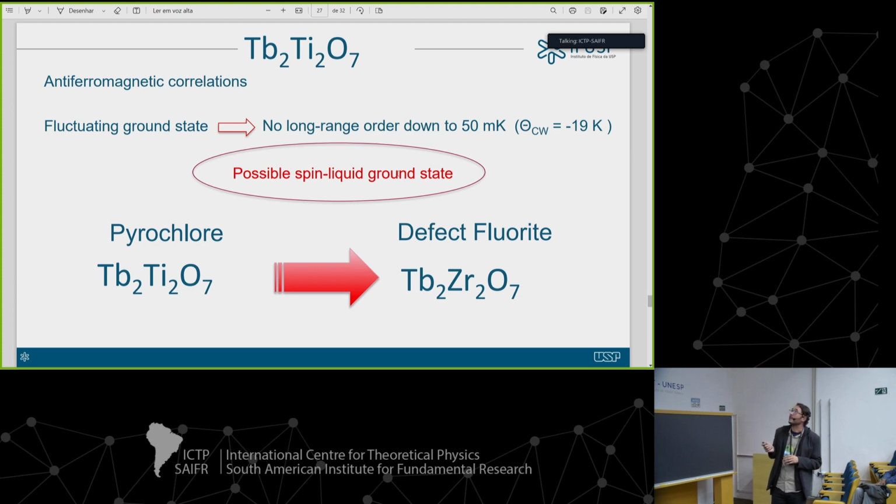This material has for a long time been believed to be a very good candidate for spin liquid physics. There's no long range order observed for this material down to 50 millikelvin, even with this very high Curie-Weiss temperature, 19 Kelvin.